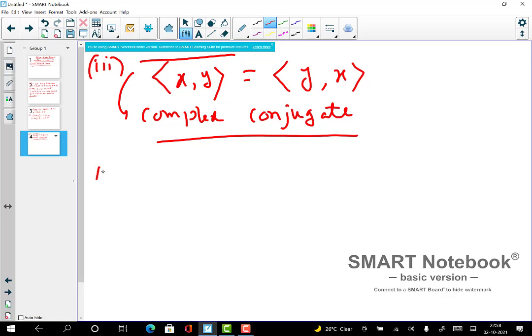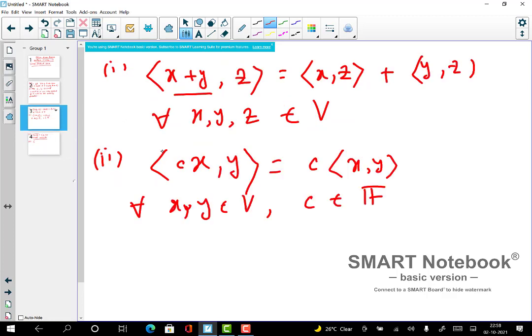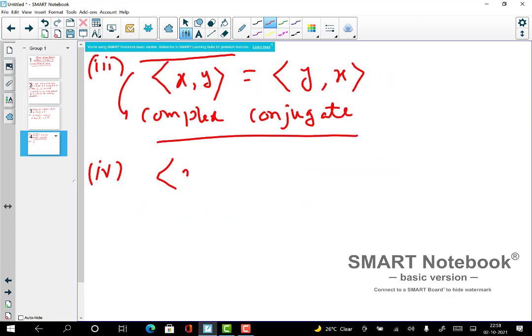And number four, the last but not the least, that property tells you that when you take the inner product of a vector with itself, these are all vectors x, y, z, that is always positive, if obviously x is not equal to 0.